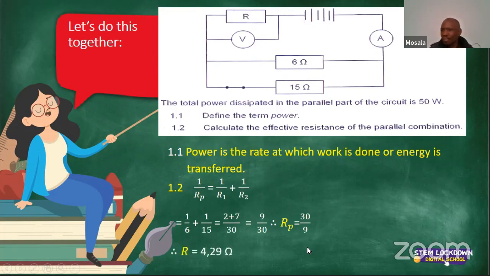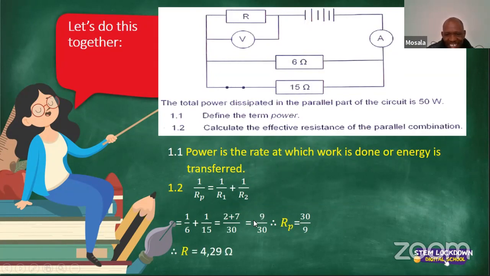Sorry for that. Let me reach for my calculator. 30 divided by 7 is 4.29. So this number here is not a 7, it's a 5, and this one is not a 9, it's a 7.